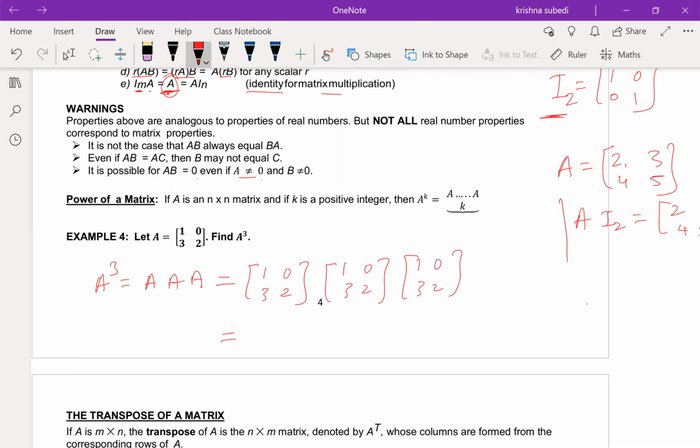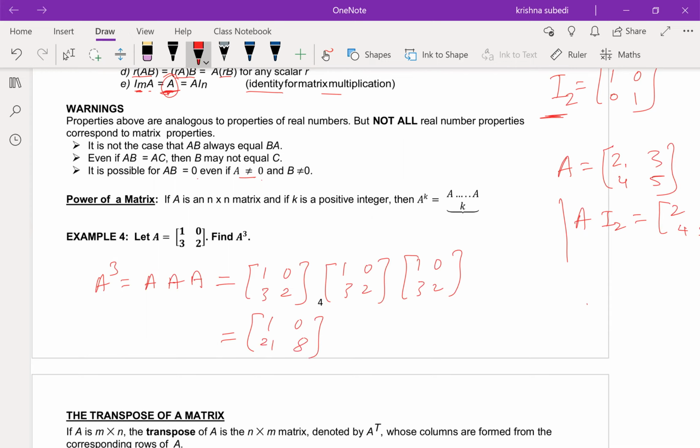Do you want to try quickly, just for fun? We get 1, 0 in the first row and 21, 8 in the second row. Okay, you got 1, 0, 21, 8.